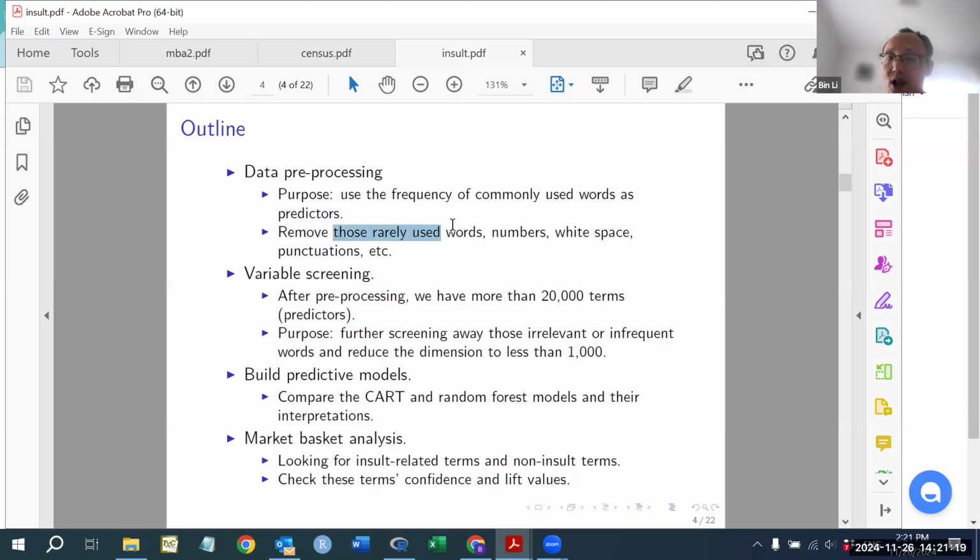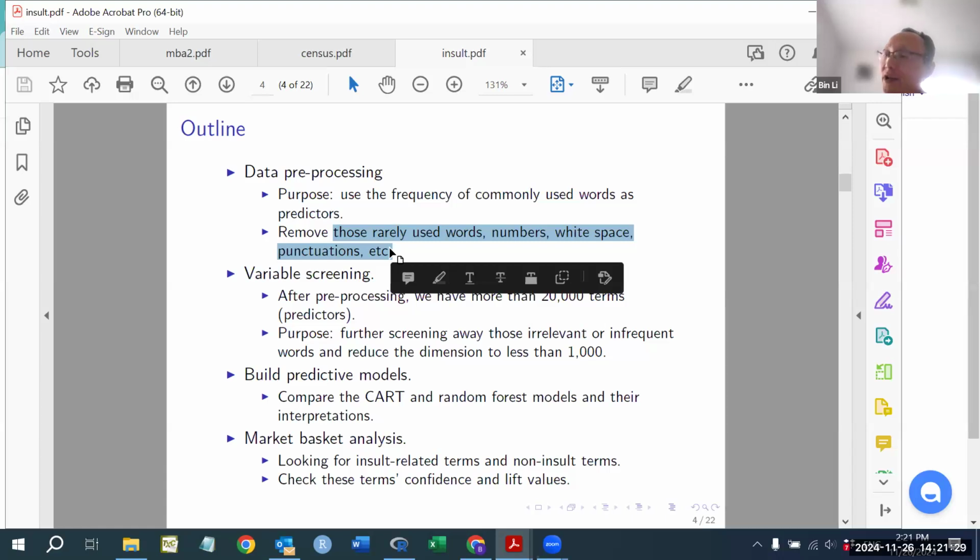We remove those rarely used words, numbers, white space, and punctuation marks, so we only keep the words that are commonly used. If there's a word that only one or two comments use, we will remove that because it is not a common word. Irrelevant information like white space, numbers, and punctuation marks, we just remove.